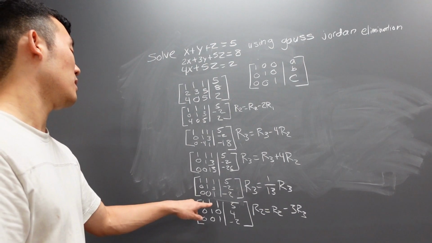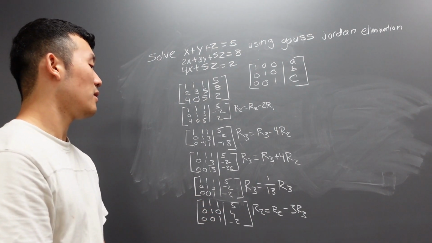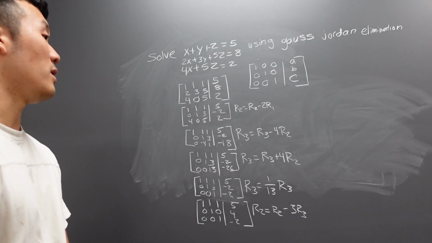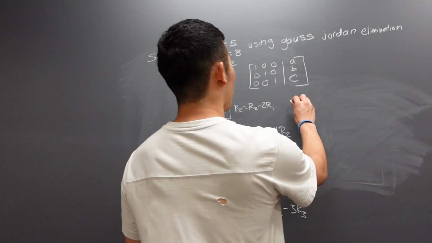Now we need to get a 0 on this top row right there. And what we can do is R1 is equal to R1 minus R3. Let me write this over here.